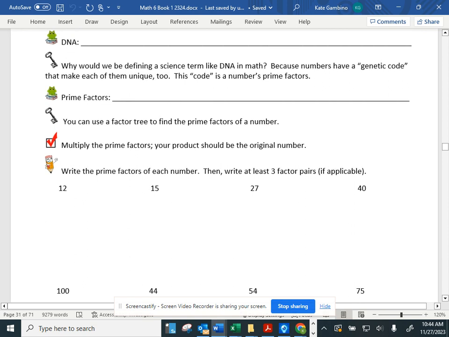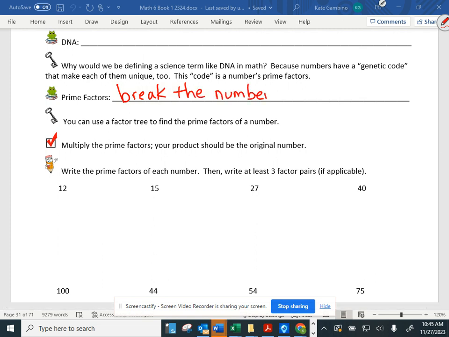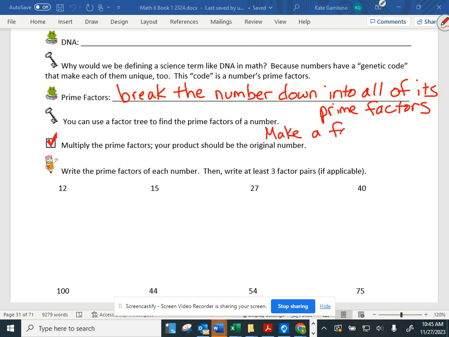So we're going to break the number down into all of its prime factors. So you can put the definition on there. You can put make a factor tree.